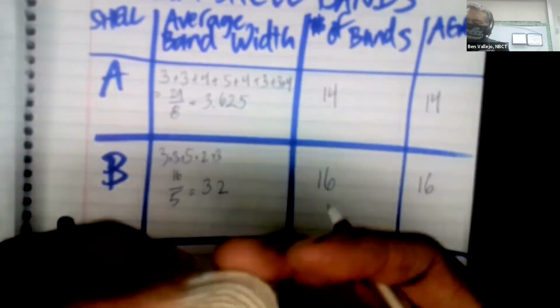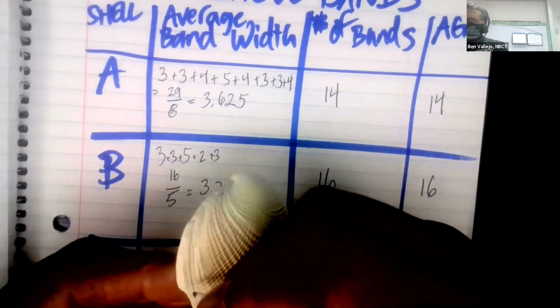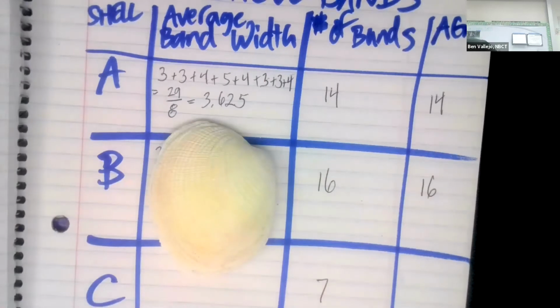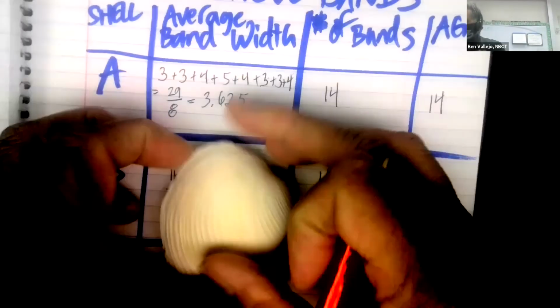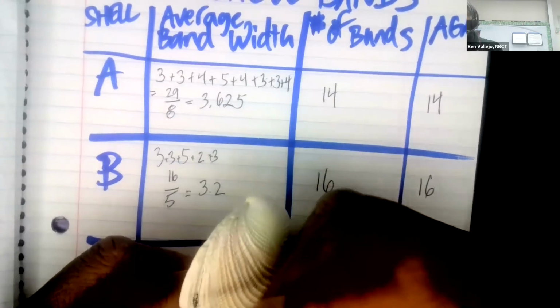But we can use those cracks on the side to help us figure out which ones are bands and which ones are not. So let me see if I can, let me get a pencil, and mark that a little better. The pen mark doesn't pick up. So there's one.